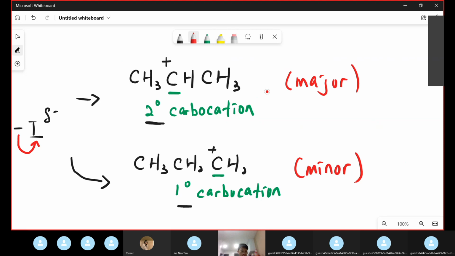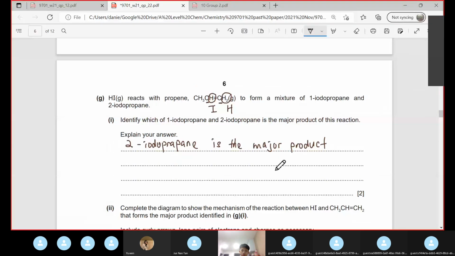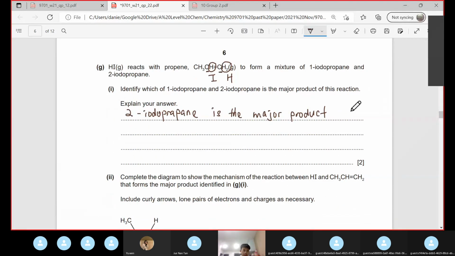I draw it up so that I hope you can see clearly why there is primary or why there is secondary carbocation. Then let us go back to the paper. When it comes to explaining, remember we always explain using the stability of carbocation.